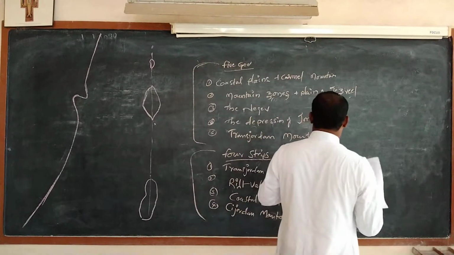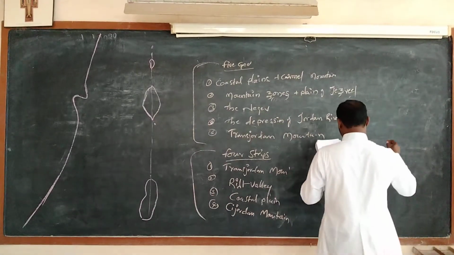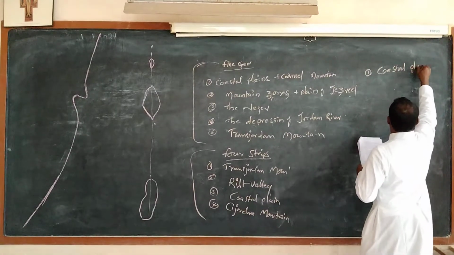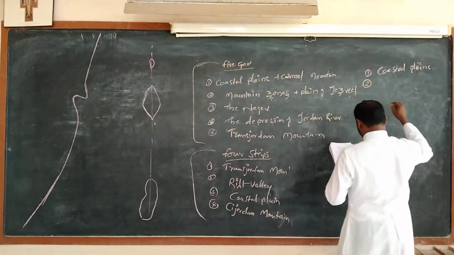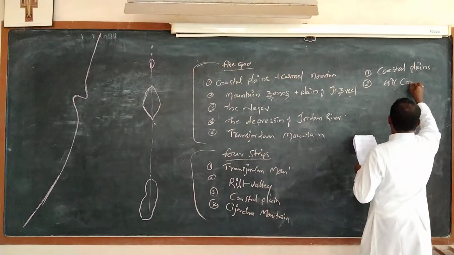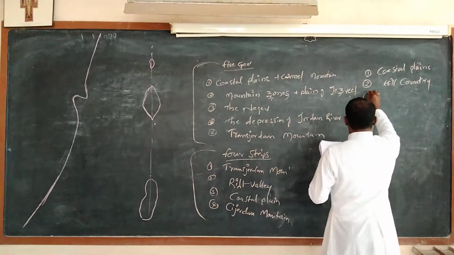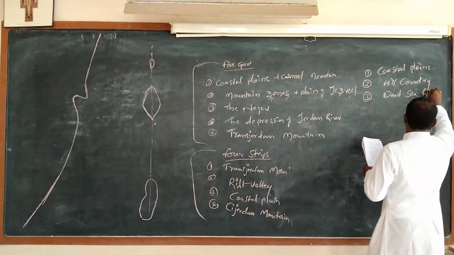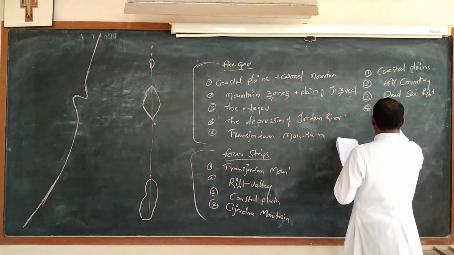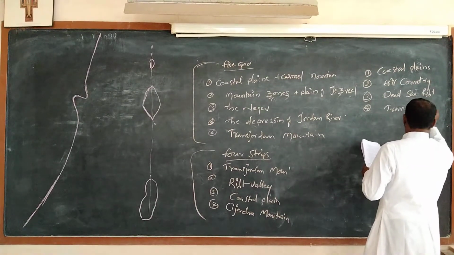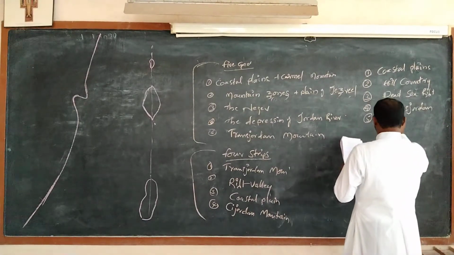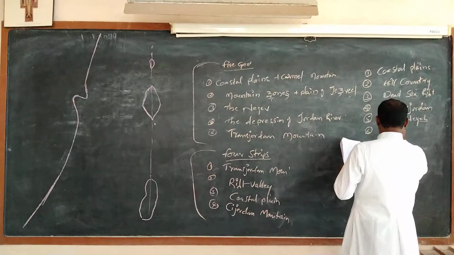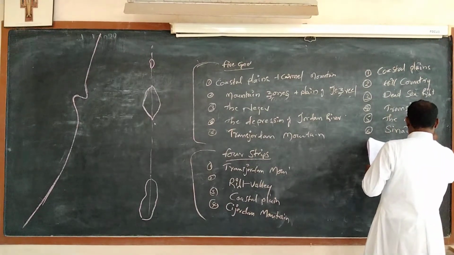There is also one more division, that people divide the land into the coastal plains, secondly hill country, thirdly Dead Sea Rift, fourth Transjordan, fifth the Negev, sixth Sinai Peninsula.